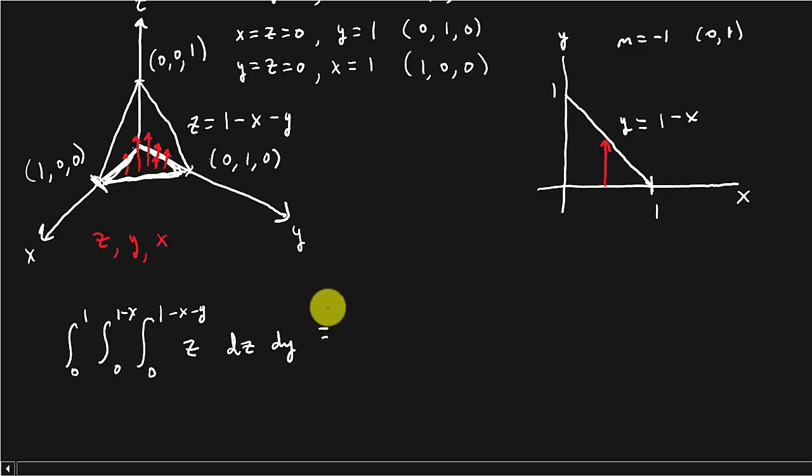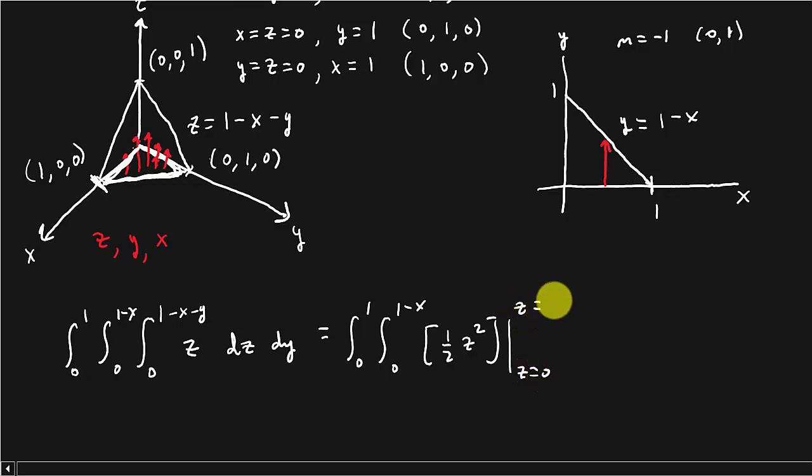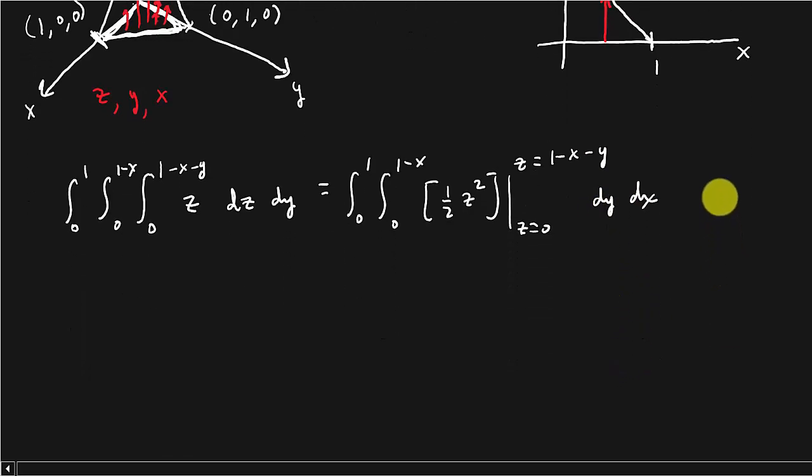And so this is going to be 0 to 1, 0 to 1 minus x, and then the antiderivative of z, that's going to give us 1/2 z squared, and that's going to be from z equals 0 to z equals 1 minus x minus y dy dx.